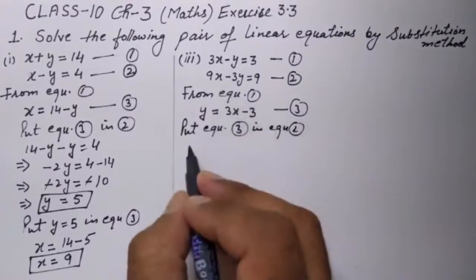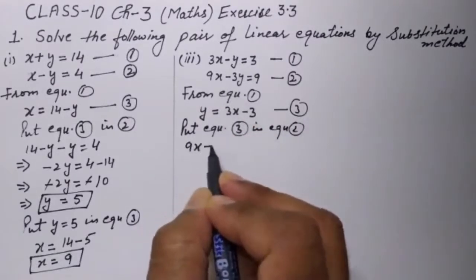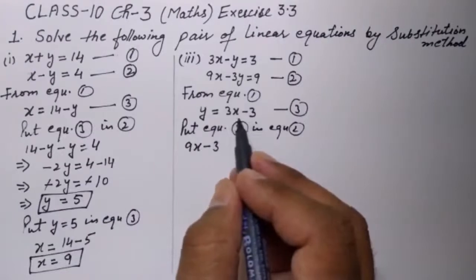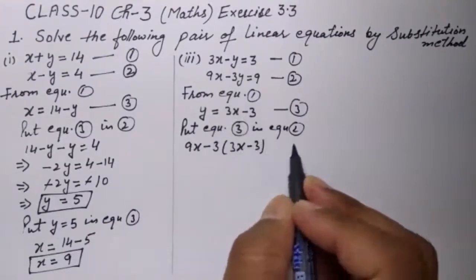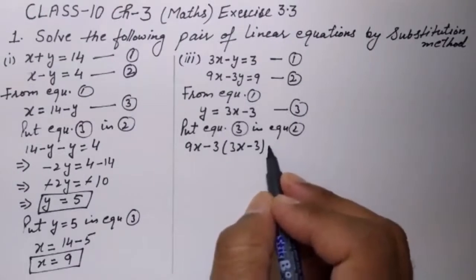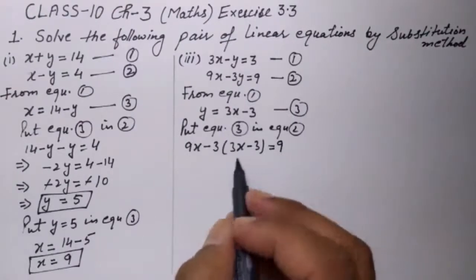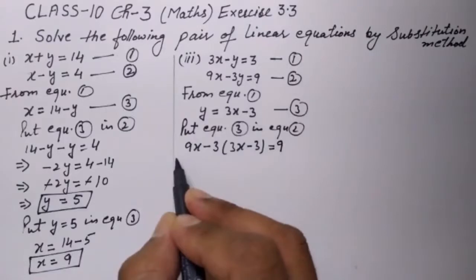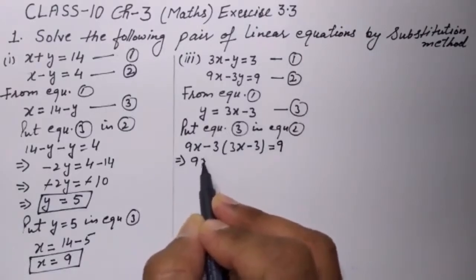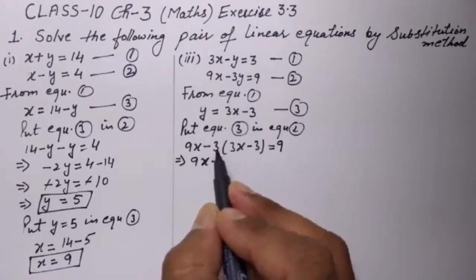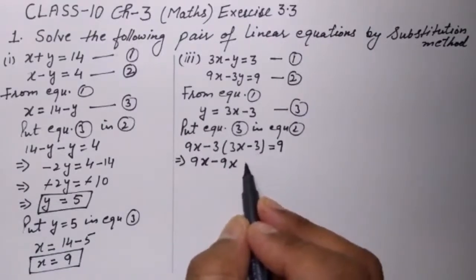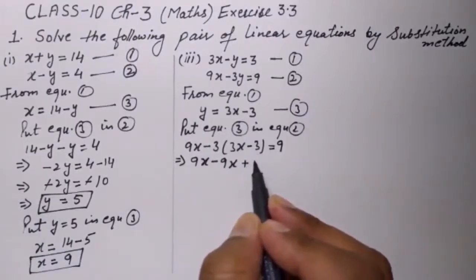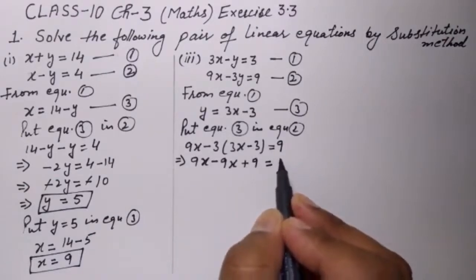So right here 9x minus 3y, in place of y I'll write 3x minus 3 is equal to 9. Now open the brackets, it becomes 9x minus 3 into 3 is minus 9x, minus 3 into minus 3 is plus 9 is equal to 9.